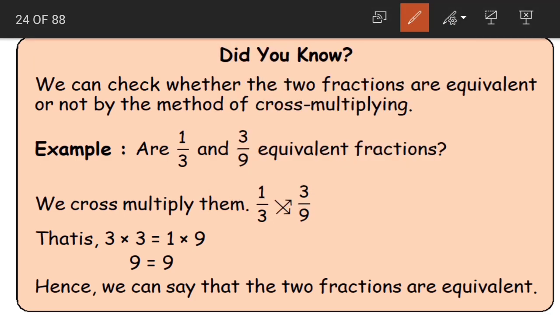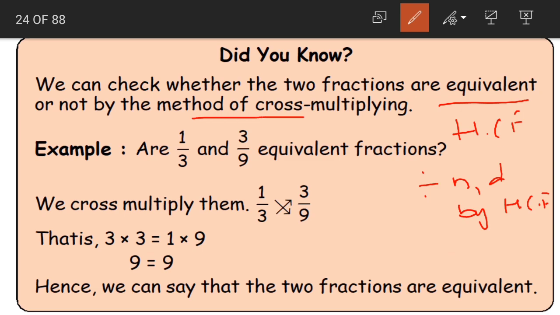Apart from the method that we have followed, what did we do? We found out the HCF and then divided the numerator and denominator by the HCF. So apart from doing this, we have another method also to find out whether the given fractions are equivalent or not. And what is this? It is the method of cross multiplying.